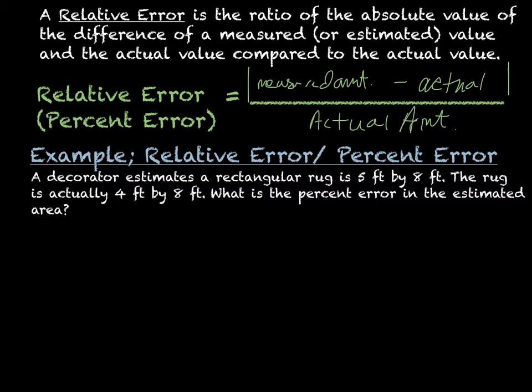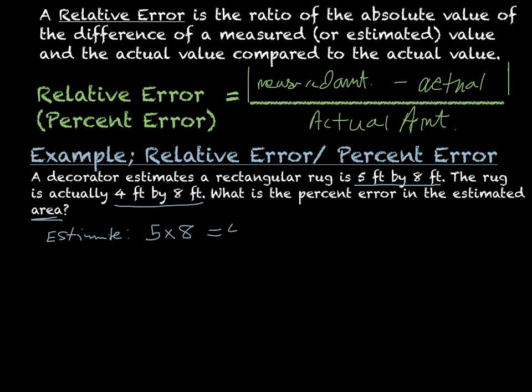Alright, so let's do an example. A decorator estimates a rectangular rug is 5 feet by 8 feet. The rug is actually 4 feet by 8. What is the percent error in the estimated areas? So the first thing I need to do is find both areas. So the estimate is 5 feet by 8 feet. So to find the area, I take 5 times 8, length times width.